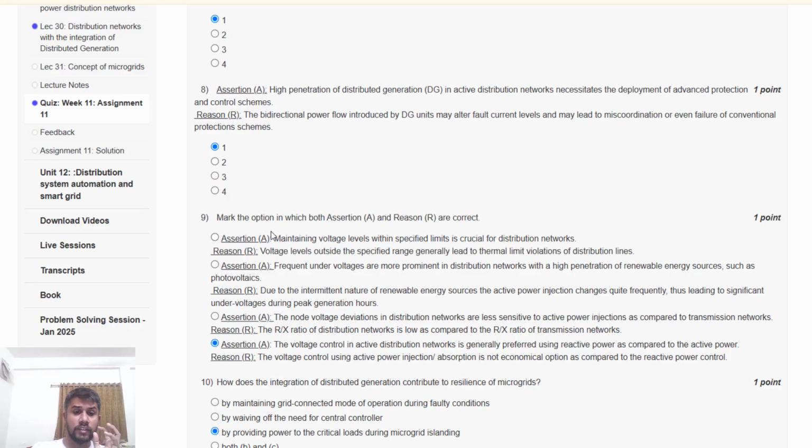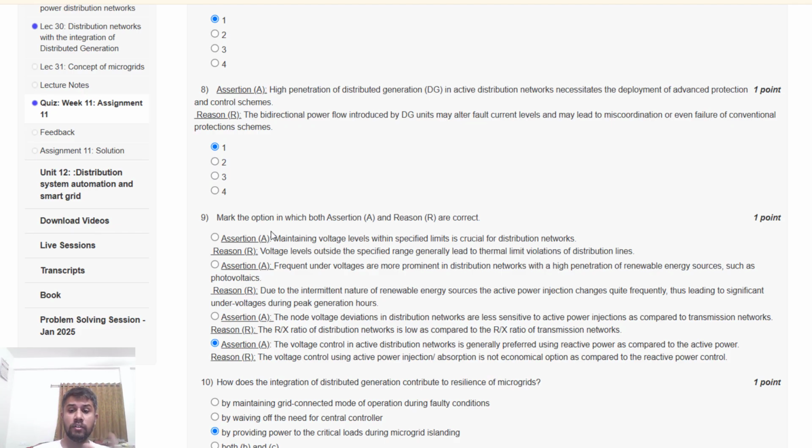Now in question 9, they have asked to mark the option in which both A and R are correct. The correct option in my case, from what I have gone through, is: the voltage control in active distribution network is generally preferred using reactive power as compared to active power, because voltage has direct coupling with reactive power and angle deviation has a direct coupling with active power.